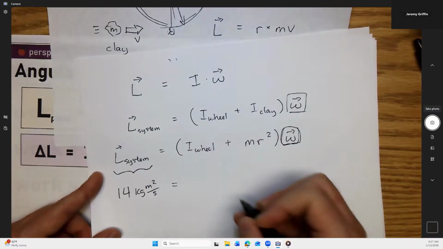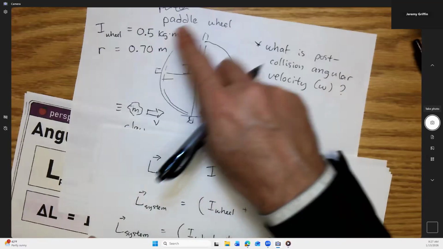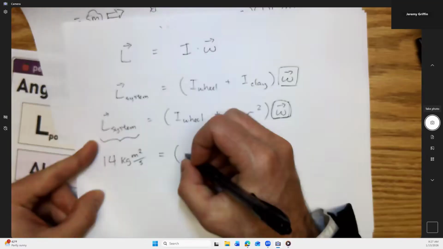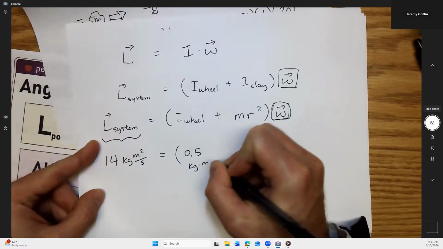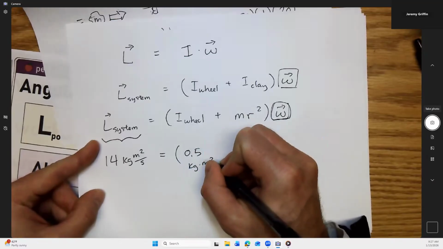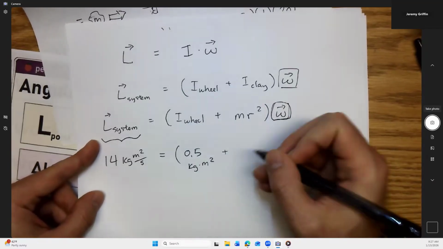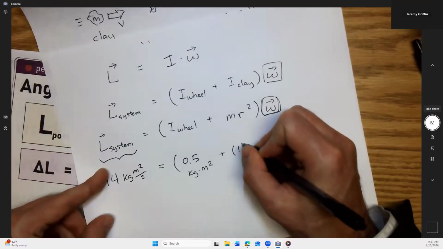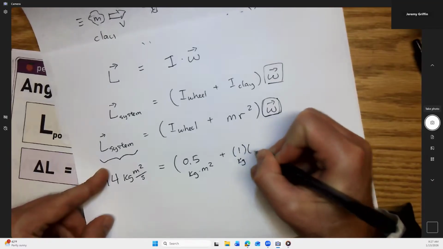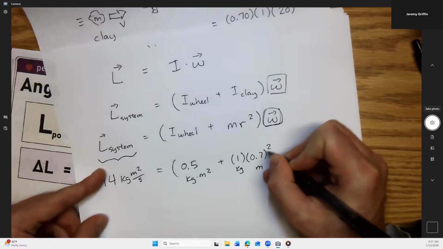Is equal to, now the I of the wheel, I said, let's call that 0.5 kilogram meters squared. To make it heftier than that pipe system we had the other day, but kind of comparable. And then the point mass of clay. Well, it's got 1 kilogram worth of mass, and it's colliding at 0.7 meters, and that's being squared.